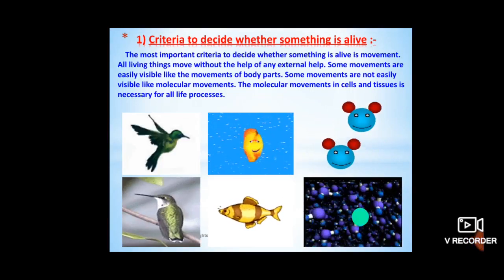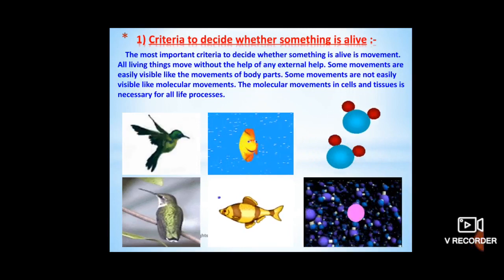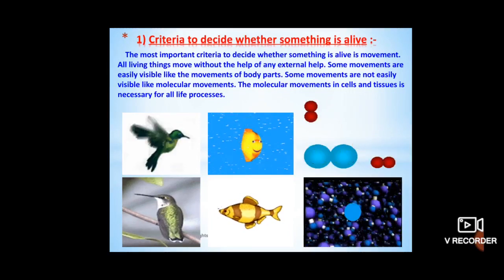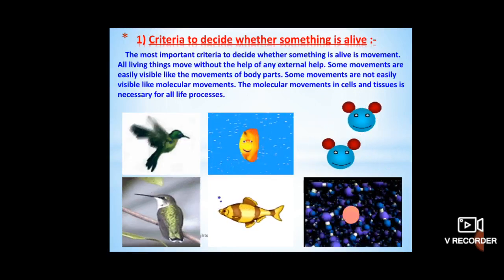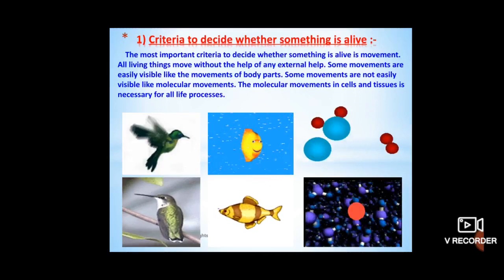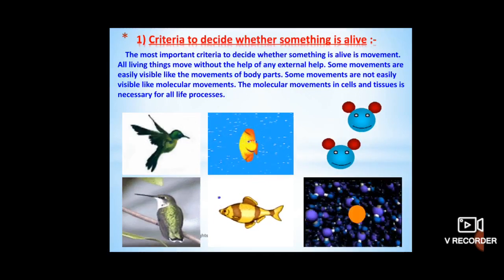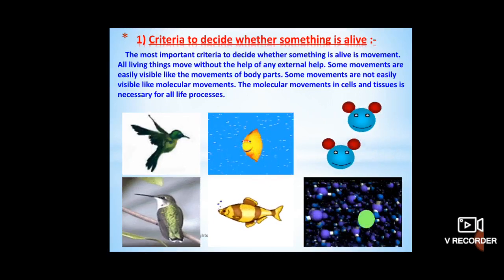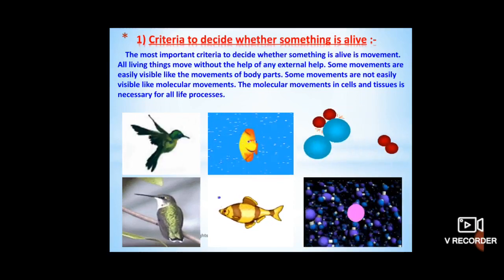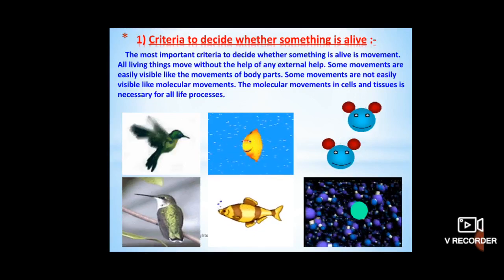Yes, dear children, I hope you are observing some pictures on your screen. The bird is flying, the fish is moving, and some other organisms are showing different characteristics. The fifth picture, the fish, is showing respiration. So we can say whether a living organism is living or not.